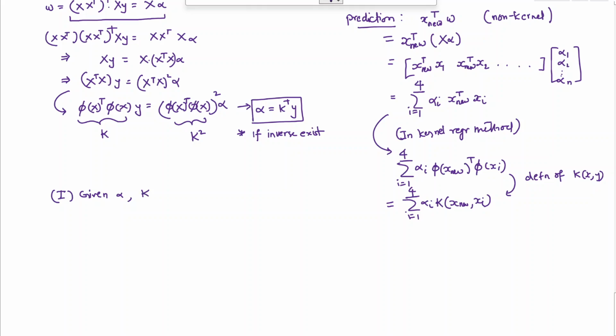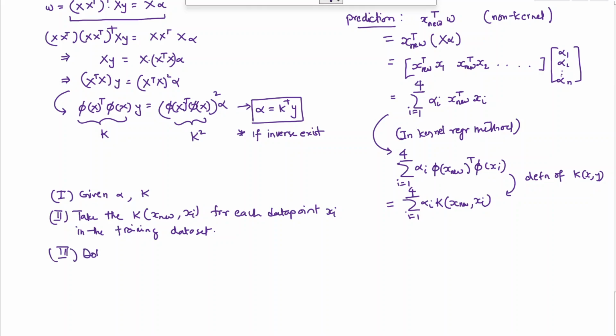We have to compute k of x new comma xi for each data point xi in the training data set, and after that take the dot product with alpha. That is the strategy.